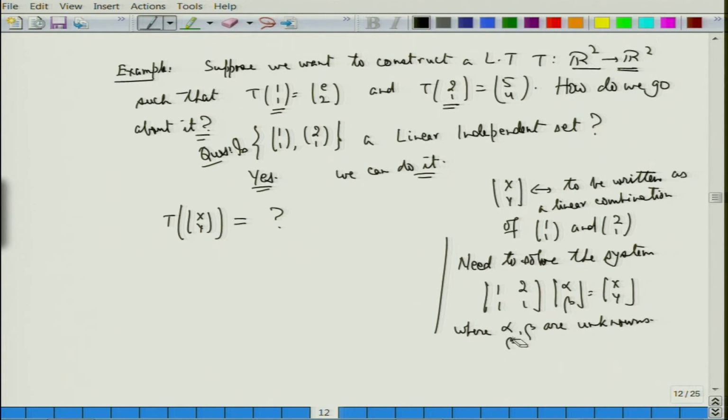Which is the same thing as saying that (alpha, beta) is equal to the inverse of [1 2; 1 1] times (x, y). Is that okay? So let us compute what it is.